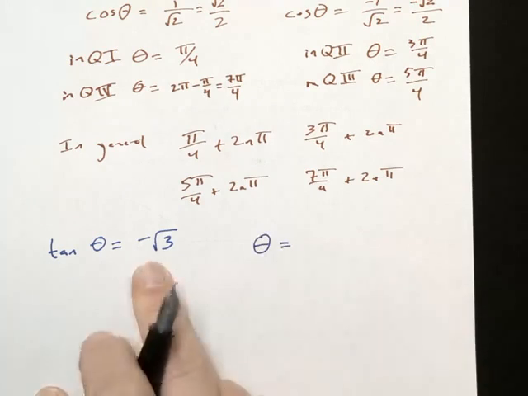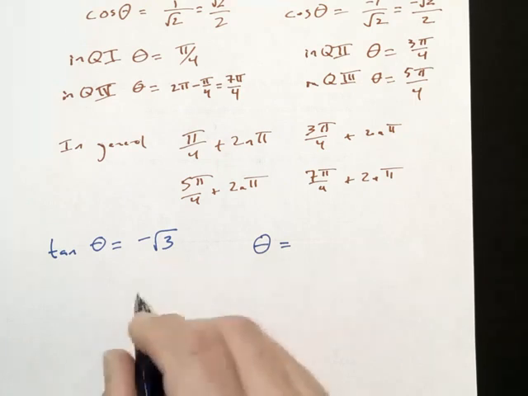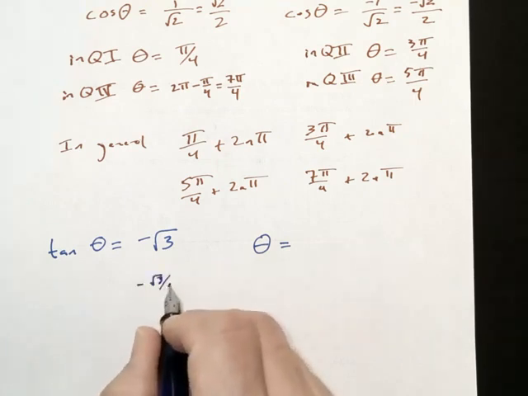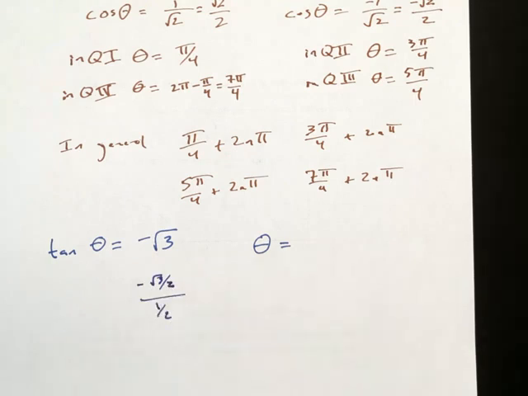What's an angle whose tangent is square root of 3? Wait a minute. Tangents with sines and cosines, right? So I could think of this as root 3 over 2 and 1/2.